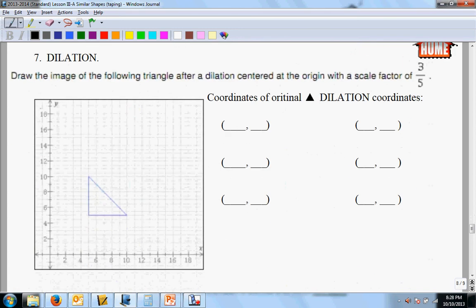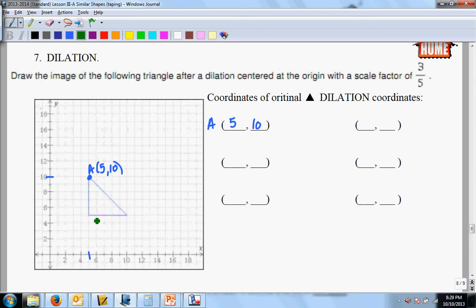Number 6 says draw the following image and then the triangle after dilation, center at the origin, by a scale factor of 3/5. The first thing you want to do is simply establish coordinates. A is over 5 and up 10, so we're going to label this A, 5 and 10.